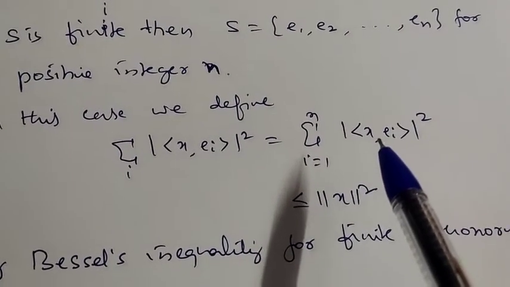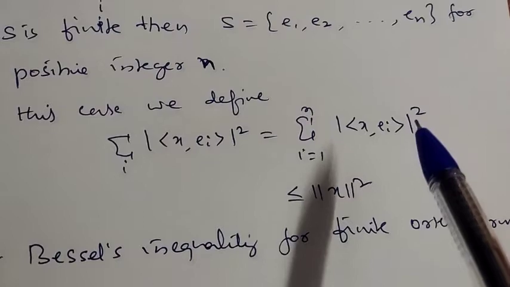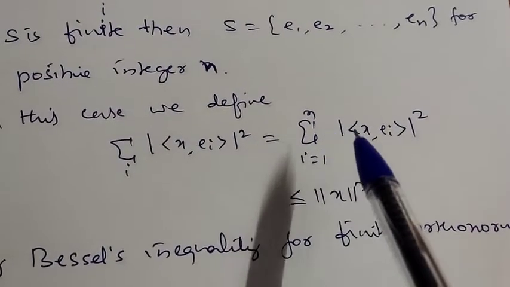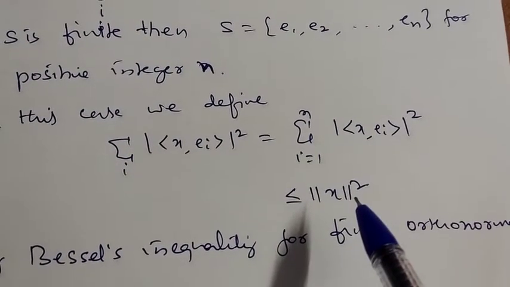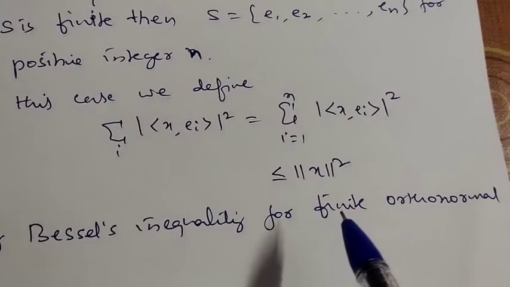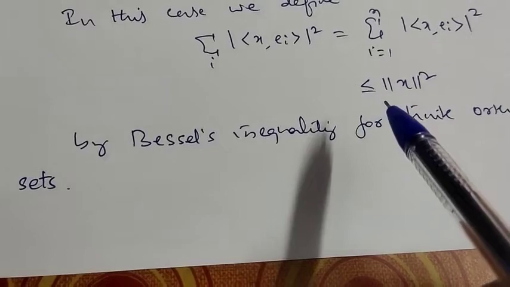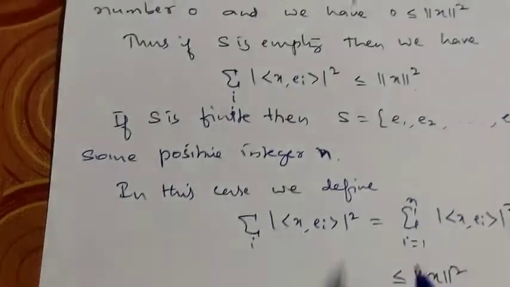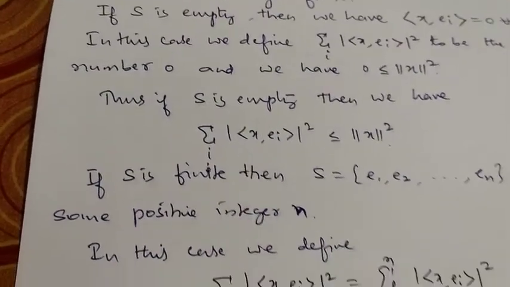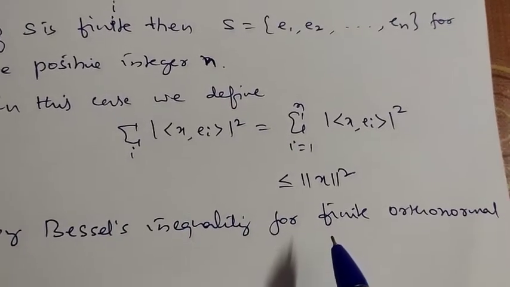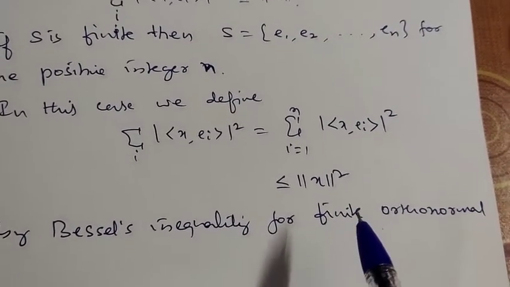It becomes the finite case, which is less than or equal to the norm of x square by Bessel's inequality for finite orthonormal sets, which we proved in the first theorem. Therefore, if S is finite, Bessel's inequality is proved.